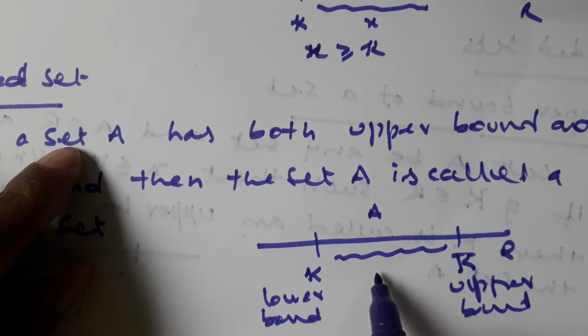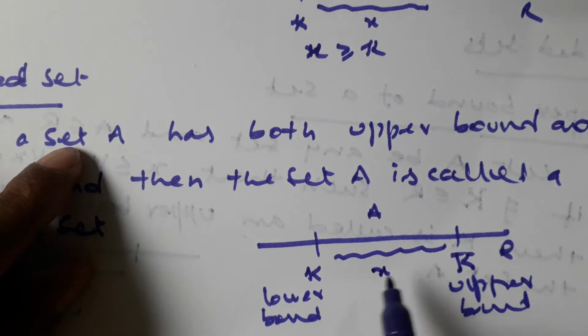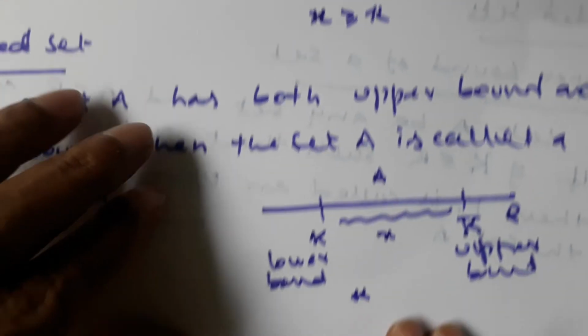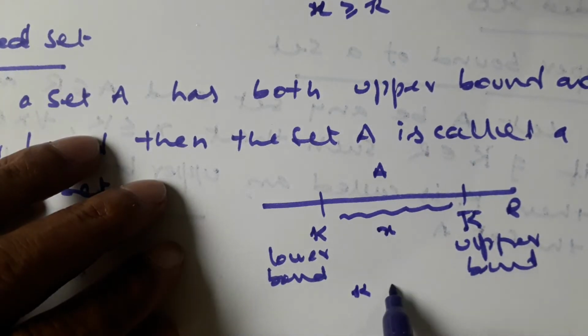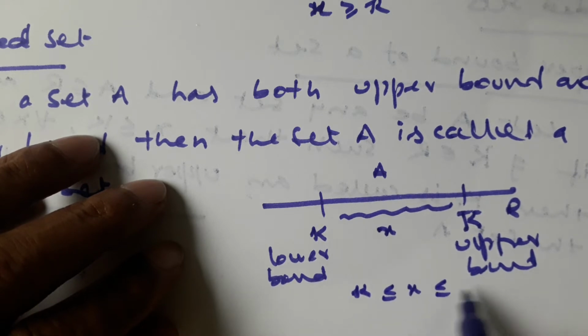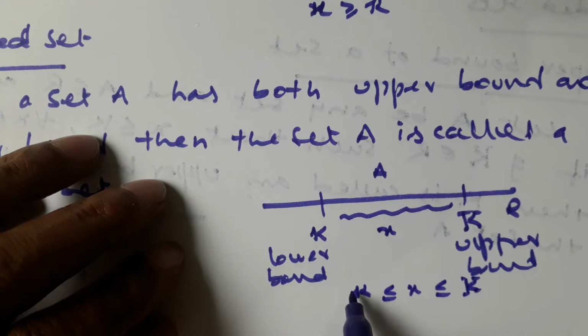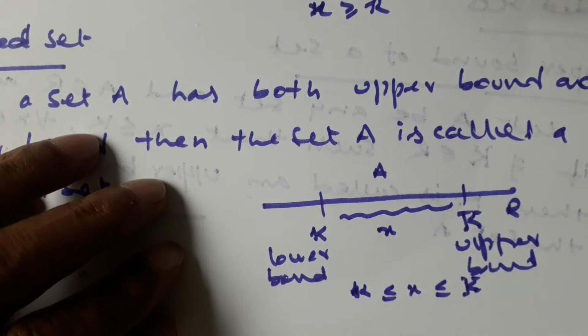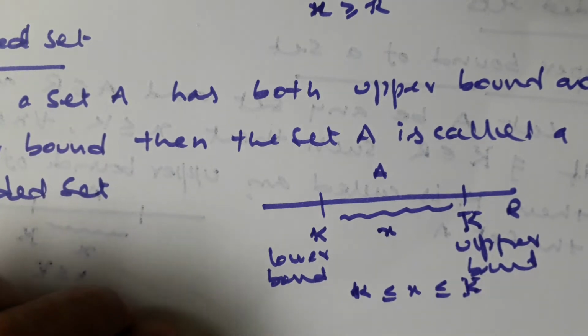That means here, if I take the element x belongs to A such that small k is less than or equal to x is less than or equal to capital K, and x belongs to A, then the set A is called the bounded set.